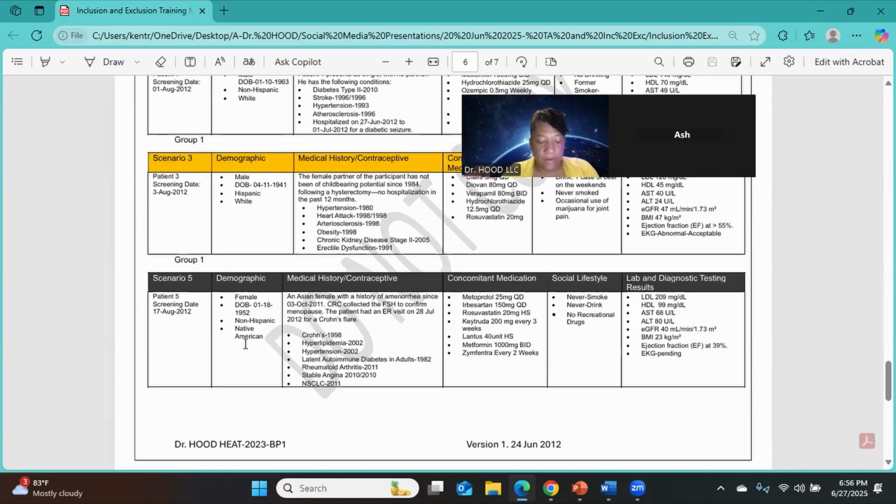Then I went to the medical history. It says she has Crohn's, hyperlipidemia, hypertension, LADA, rheumatoid arthritis, stable angina, and non-small cell lung cancer. So that's what that stands for.